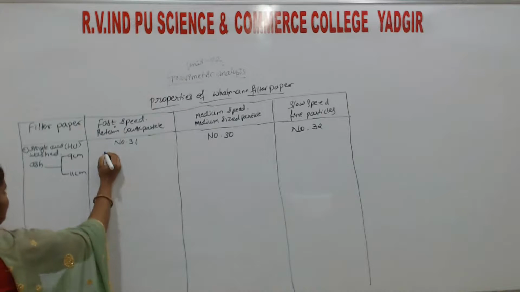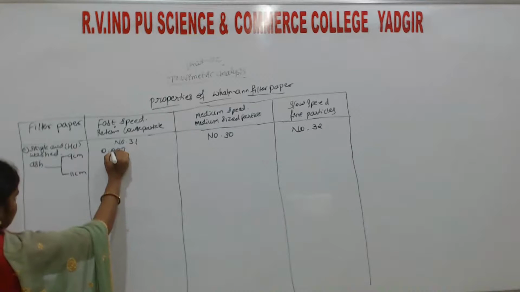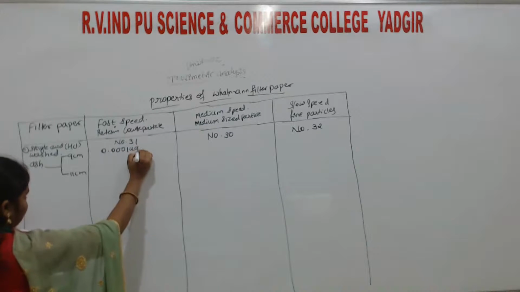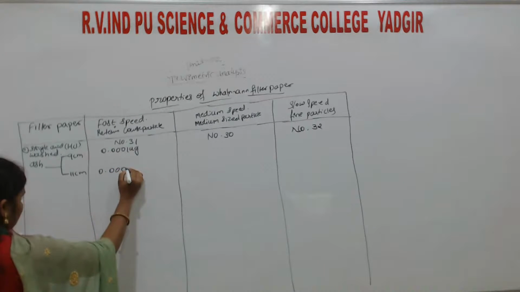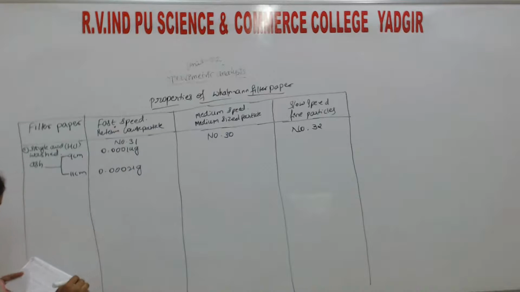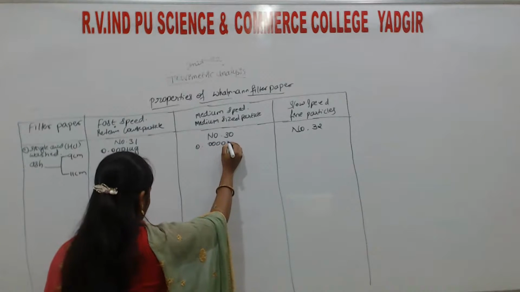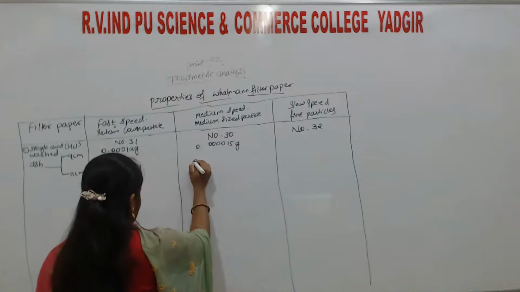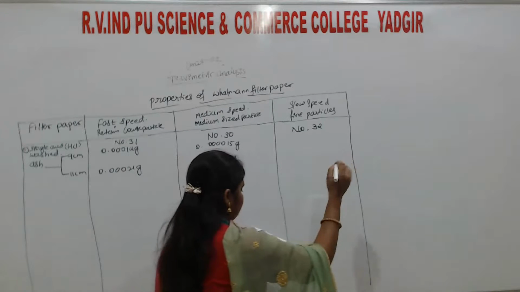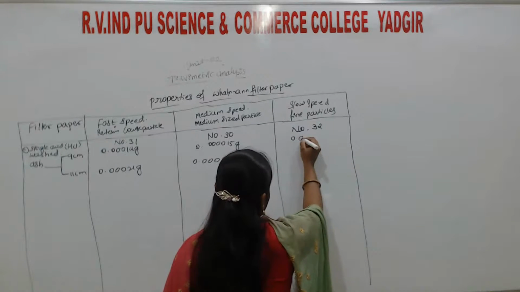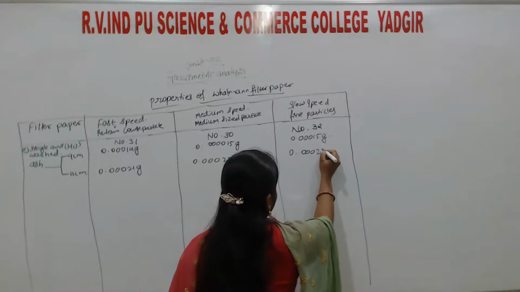The ash for the 9 centimeter paper is 0.00014 gram, and for the others 0.00021 gram, 0.00015 gram, 0.00022 gram, 0.00015 gram, and 0.00023 gram.